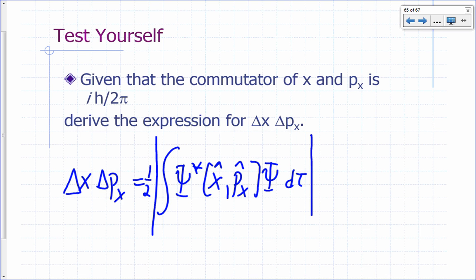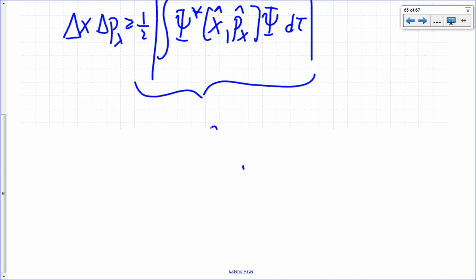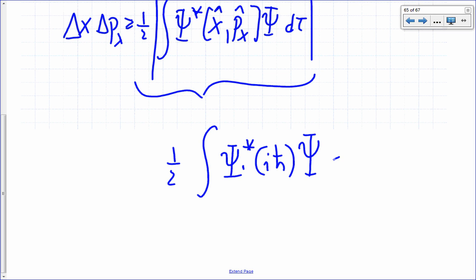We've already shown what the commutator of x and px is. It's i h bar. So what's the integral of psi star i h bar times psi d tau?